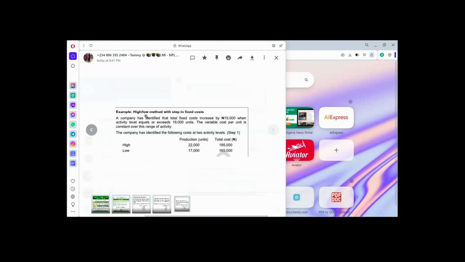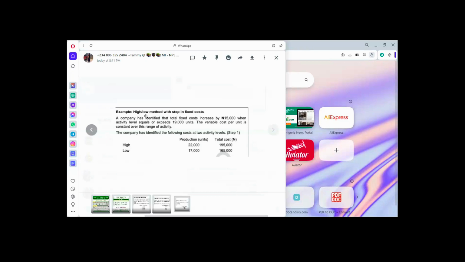A company has identified that total fixed cost increased by 15,000 when the activity level equals or exceeds 19,000 units. The variable cost per unit is constant over this range of activity.